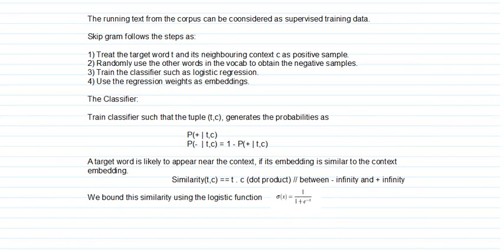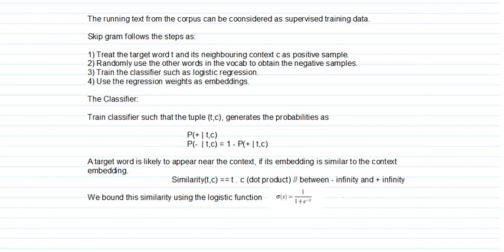Now what this function does is that it takes the value x as input. This x can be somewhere between minus infinity and plus infinity, and it generates the value of sigma x, which is between 0 and 1. So it is like this.